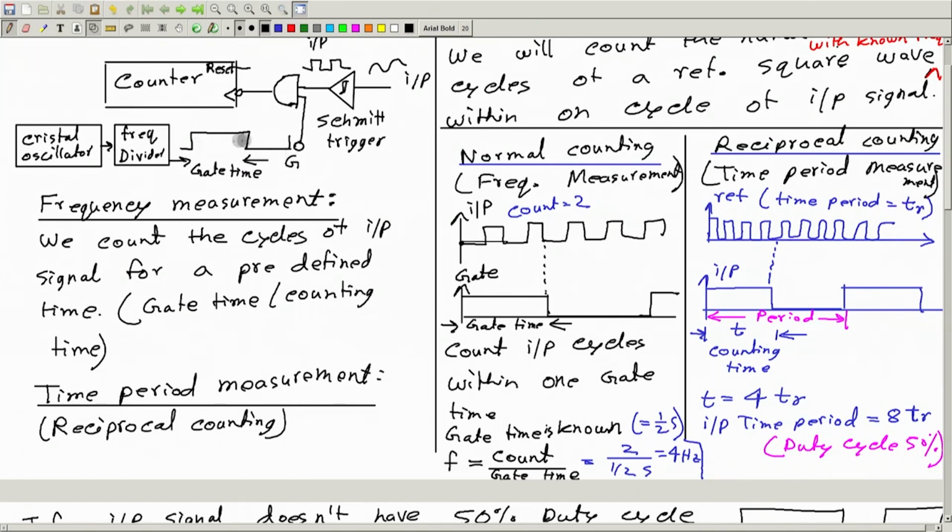Then this time will be half second. But if this crystal oscillator is not oscillating at 1 megahertz, but at a frequency of 1.00001 megahertz, then this time will also not be half second, it will be somewhat less than that. So, therefore, we will have an error.